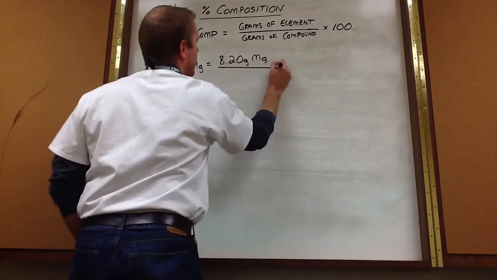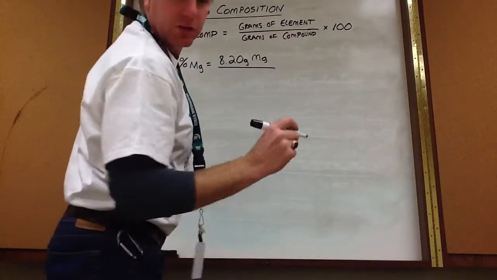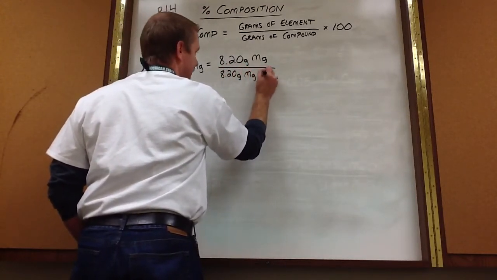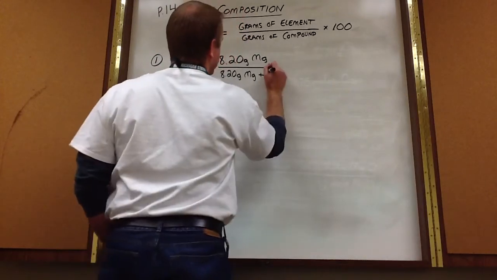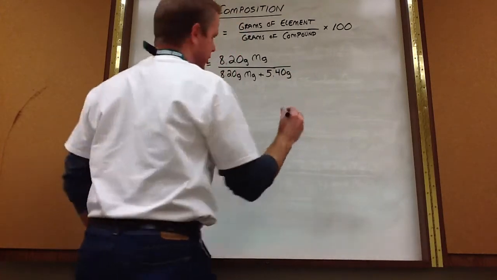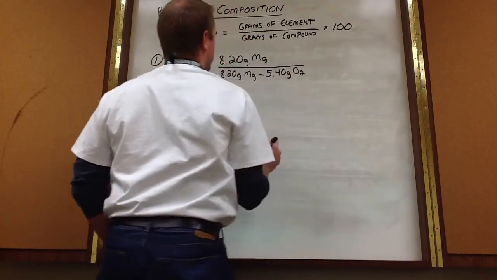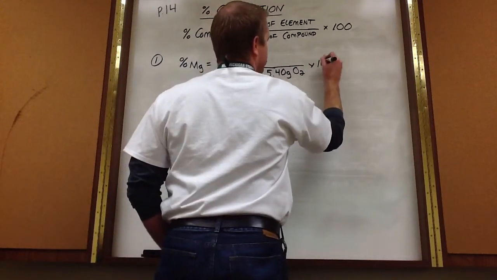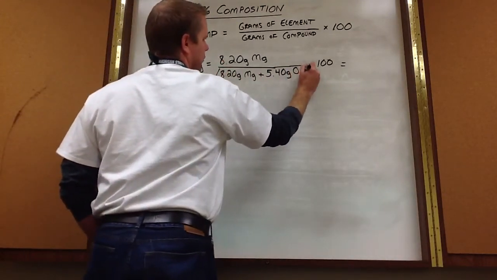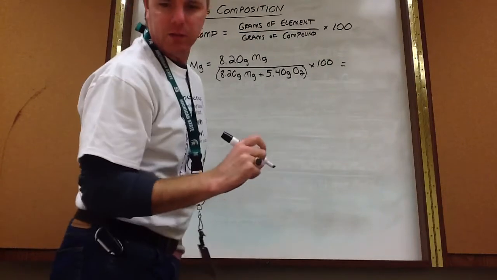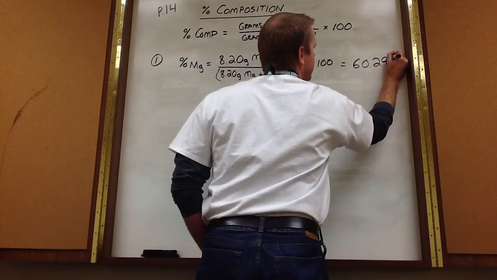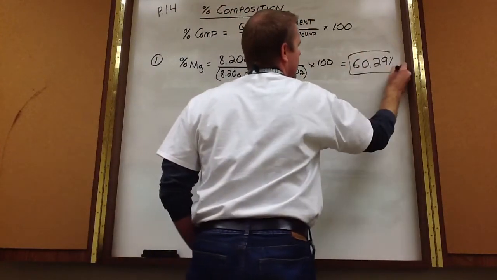The grams of the compound is 8.20 grams of Mg plus 5.40 grams of oxygen, which would be O2, times 100. So you do the math: 8.20 divided by 8.20 plus 5.40. Rounding to the hundredths place, I have 60.29%. Round to the hundredths place because that's what we do with percentages.